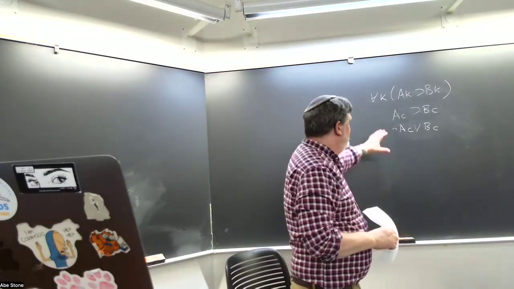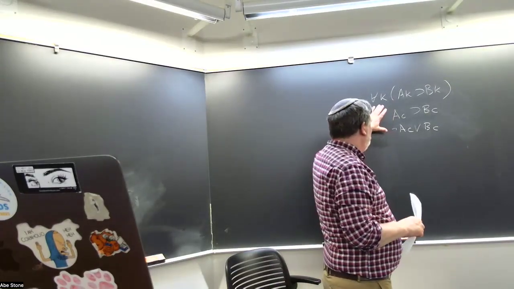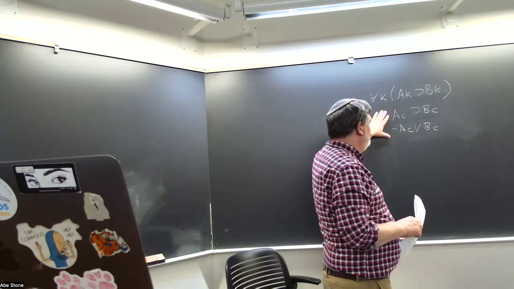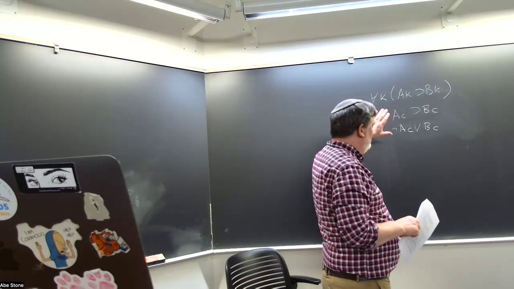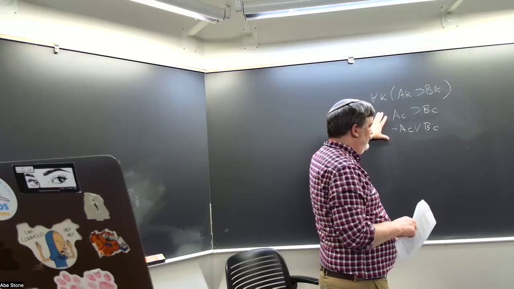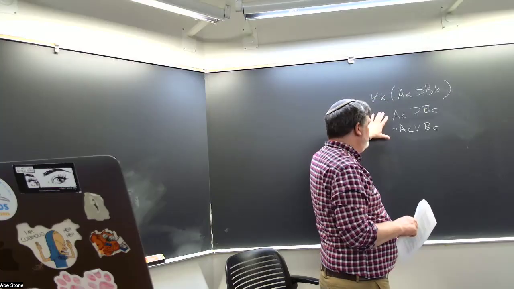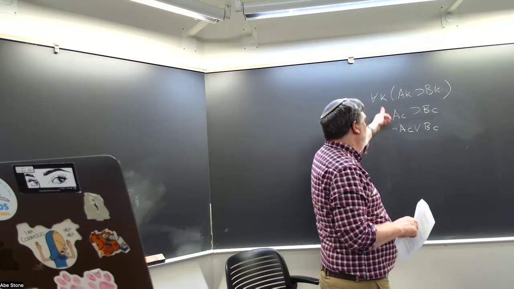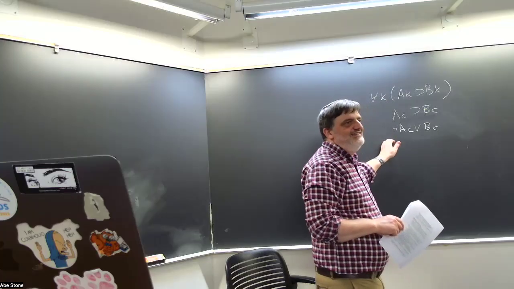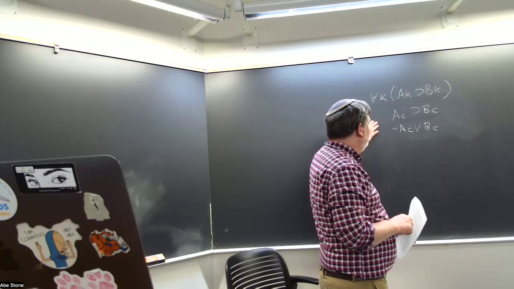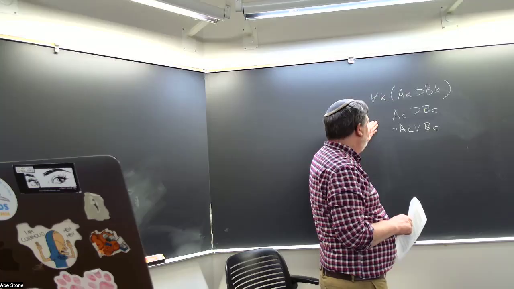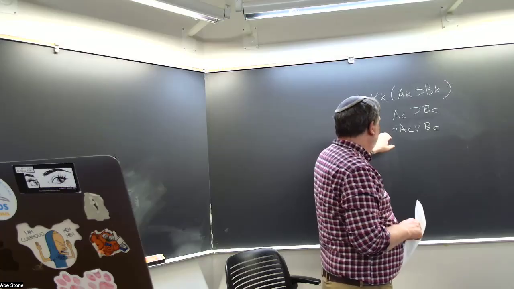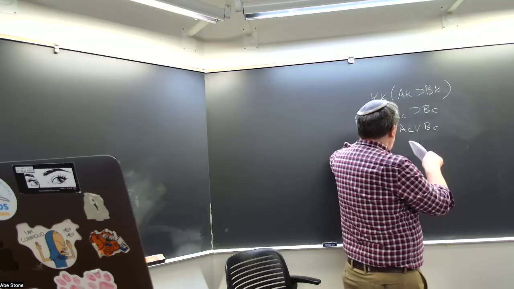Again, you can use truth tables or a deductive system for propositional logic to show that these are equivalent, but it's clear why they're equivalent.